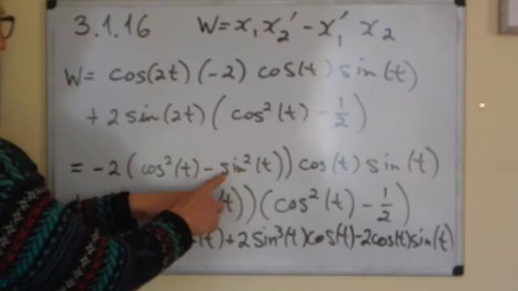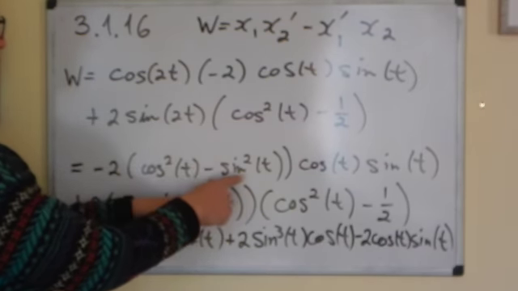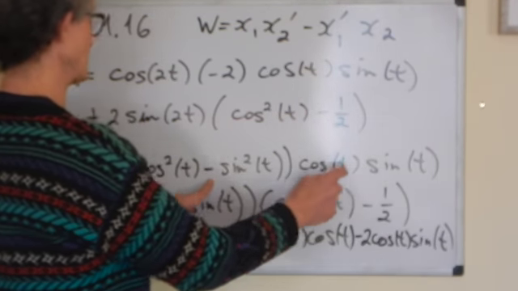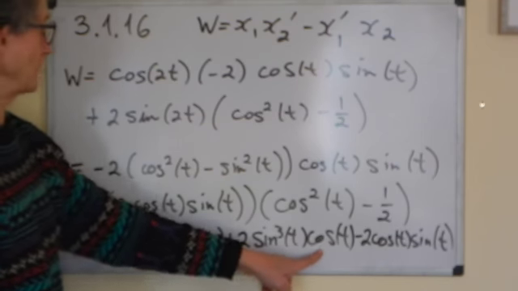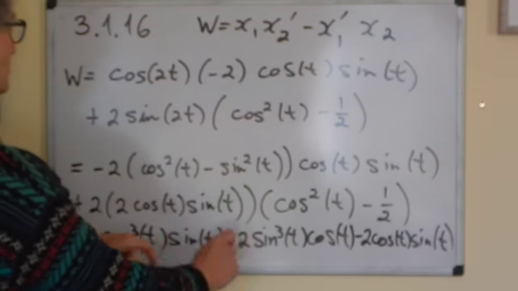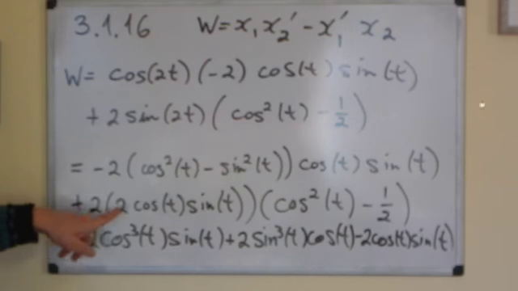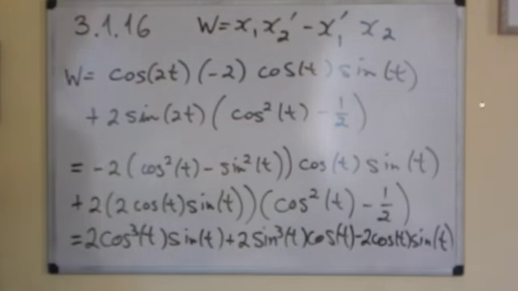We have minus 2 times minus 1, which is 2, sine squared times sine, which is sine cubed times cosine. So we have 2 sine cubed times cosine. And then down here we already dealt with the cosine cubed. What's left is minus a half times 2, which is minus 1, and then 2 cosine t sine t. So that's what we have left.